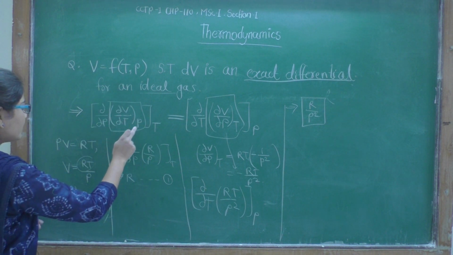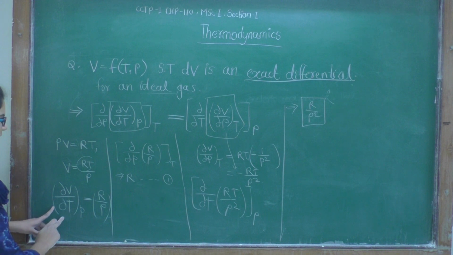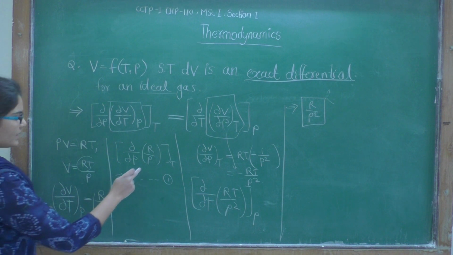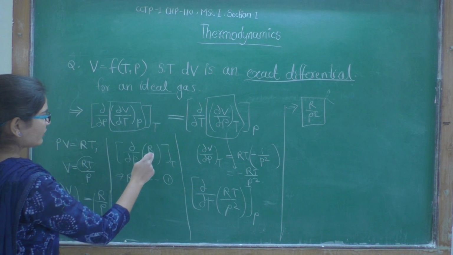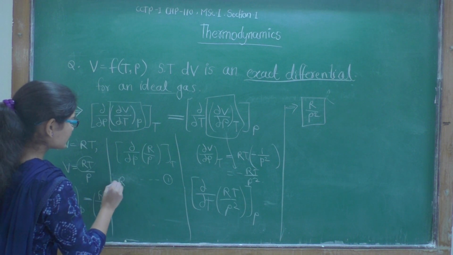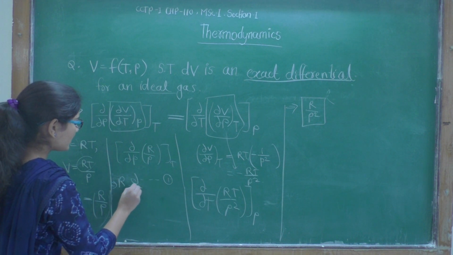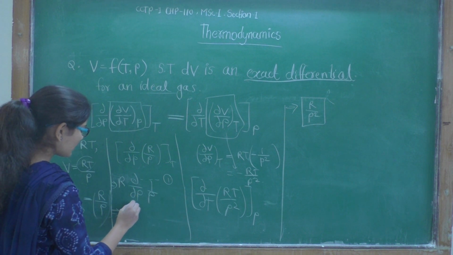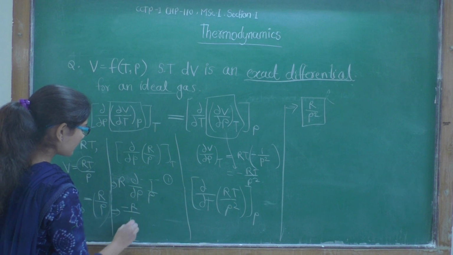∂V/∂T at constant pressure is R by P, and ∂/∂P of R by P: R is constant, and ∂/∂P of 1 upon P will be minus R by P squared.